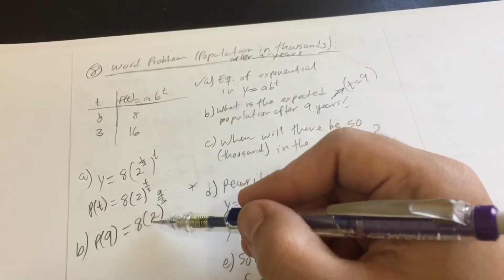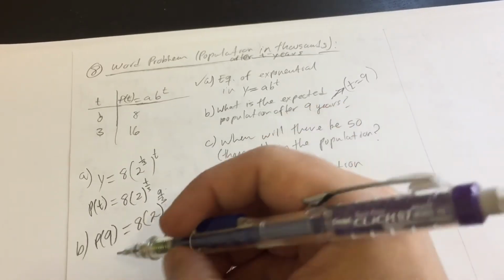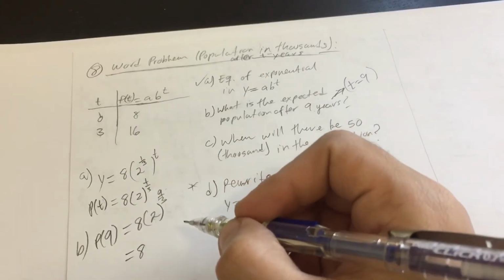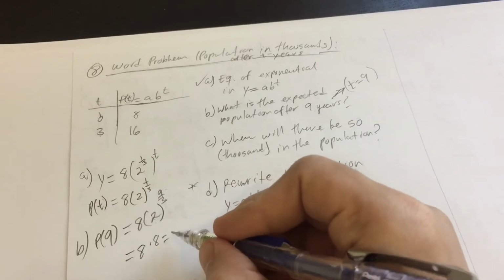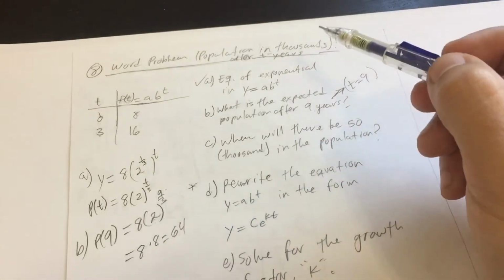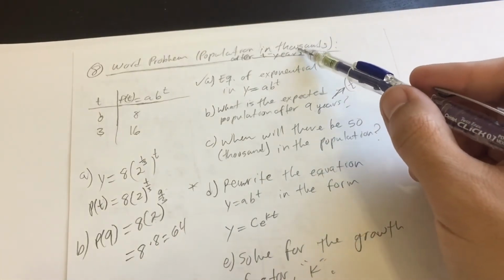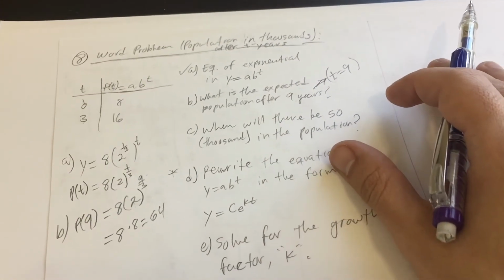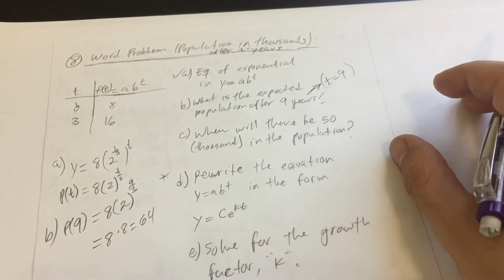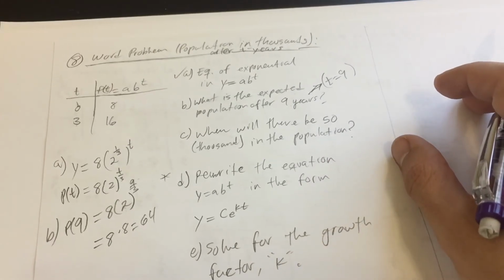So 2 to the third, a times a, this must be 8 times a, which is 64. And remember, the 64 is in thousands of people, or thousands of whatever type of creatures this population is describing.